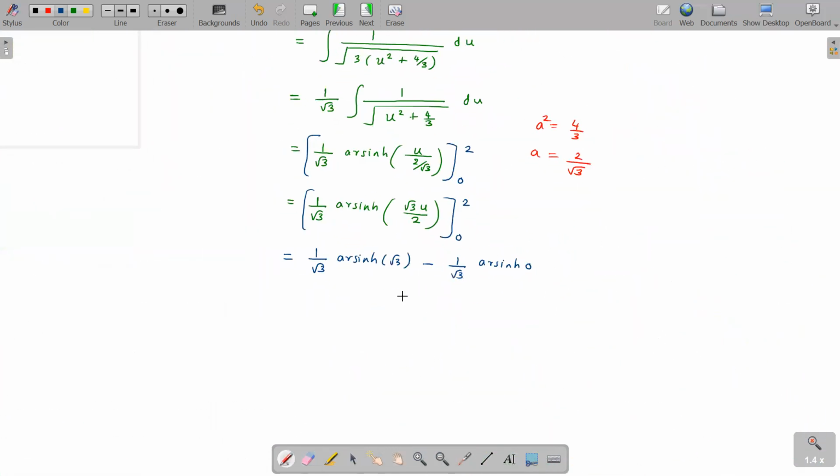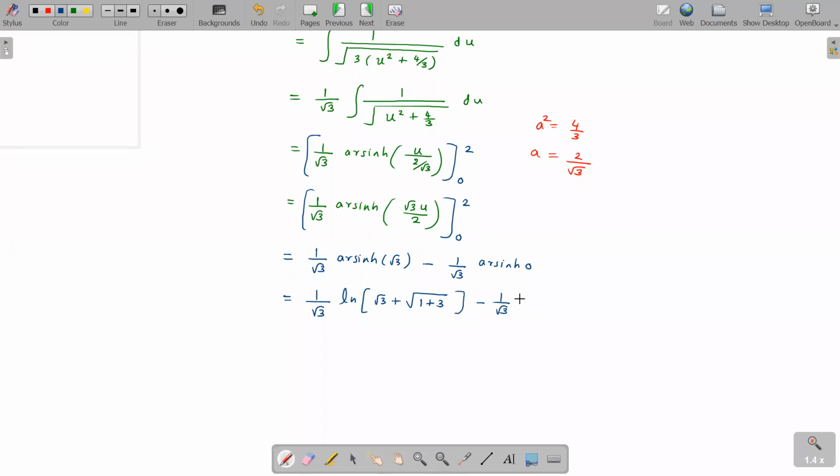Okay. So for arsinh root 3, we have the arsinh x formula, the equation which we learned in lesson 1. What is arsinh x? ln(x plus root of 1 plus x squared), right? Here x is root 3. Is that correct? ln(x plus root of 1 plus x squared). This is arsinh x. Arsinh 0, I think, is 0, right?